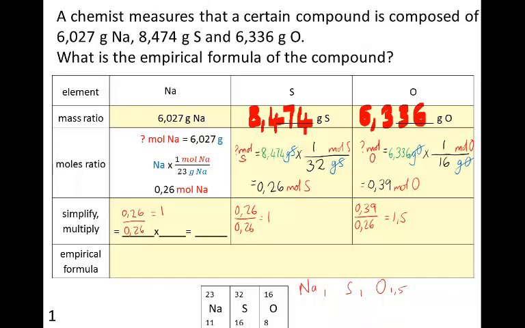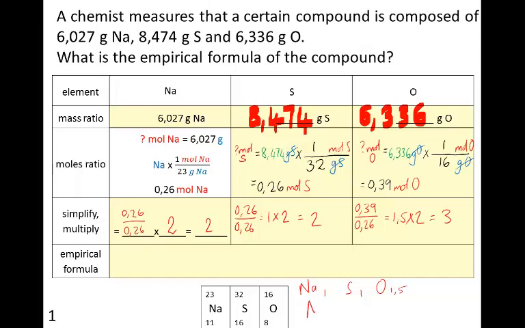So we still don't have it in whole numbers all the way. So we need to multiply everything through by something to clear away the fraction. Obviously, what should we do? Multiply everything by 2. That gives 2 there, multiply this one also by 2, gives 2, and multiply this one by 2, and we have 3.